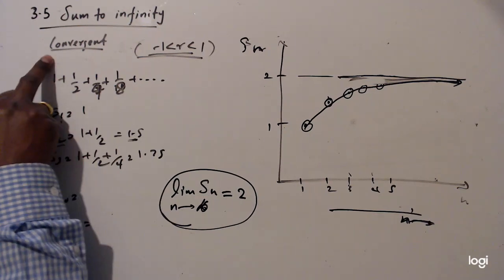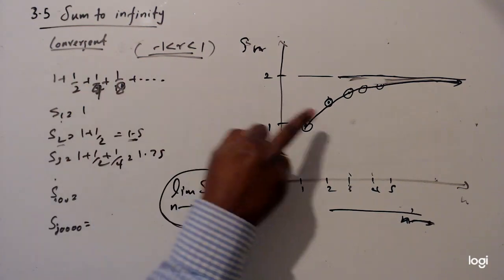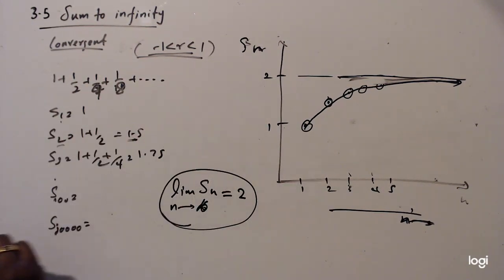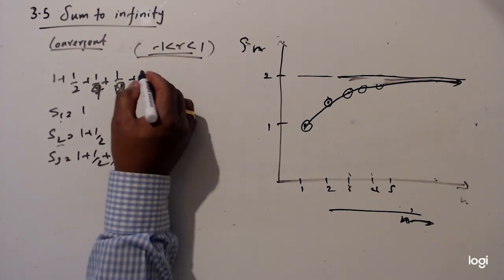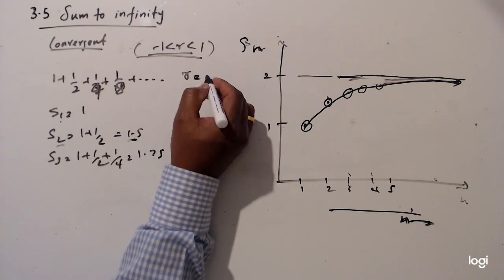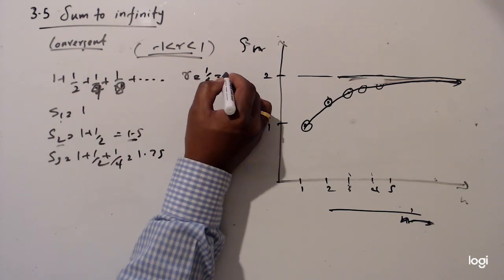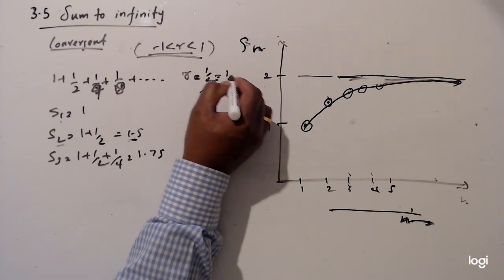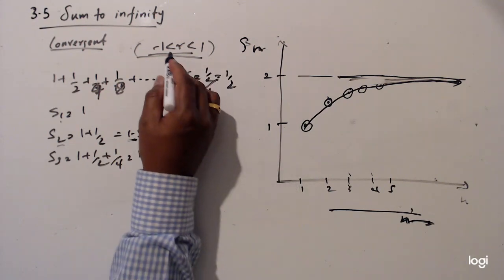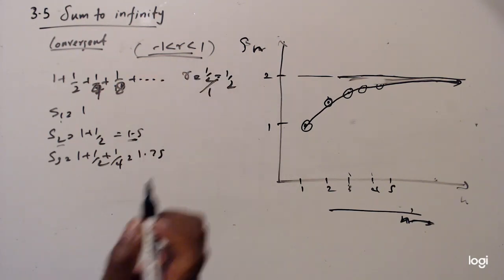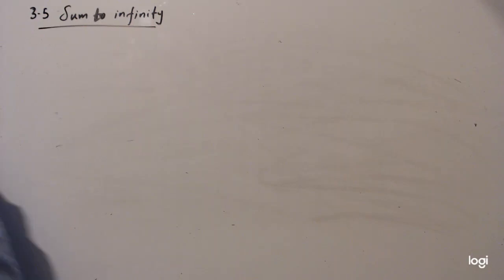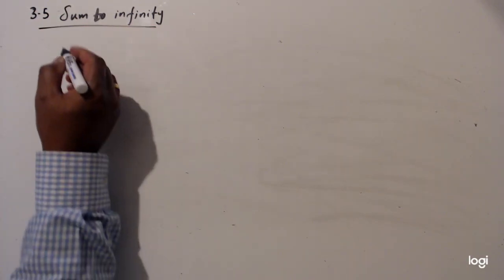Convergent means it has a limiting value, and you have to find the limiting value. Here the r value is half divided by 1, which is half, so it is in between minus 1 and 1. Now let's discuss the formula.